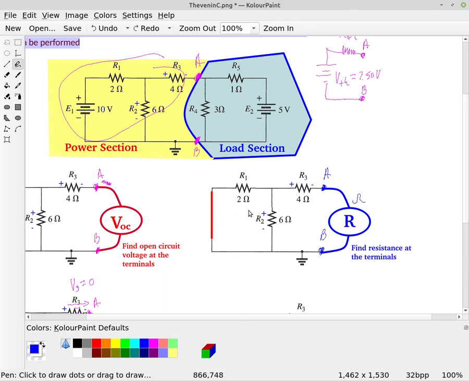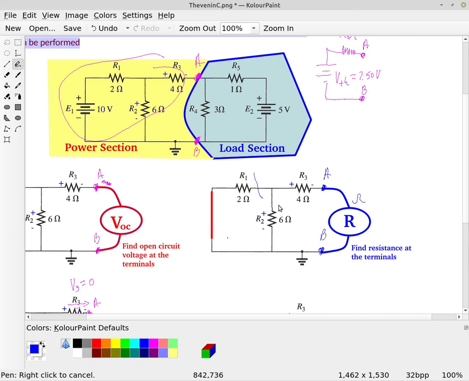You take all your voltage sources and replace them with a short circuit. If you had a current source in there also, then what you have to do with your current source is simply open circuit it. Just remove it. Then put your ohm meter at points A and B and measure the resistance.